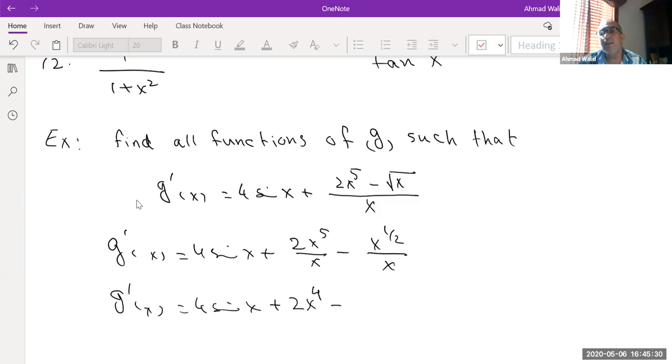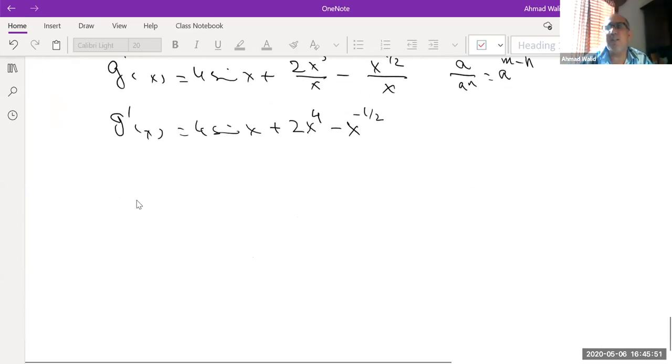It means what? Negative 1/2, x to the negative 1/2, because here you apply the exponent rule, right? If you have a to the m over a to the n equals a to the m minus n. Algebra gives you x to the power of negative 1/2. Excellent, good job. Now, let's start with the antiderivative.